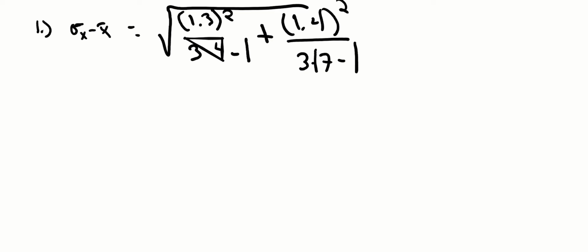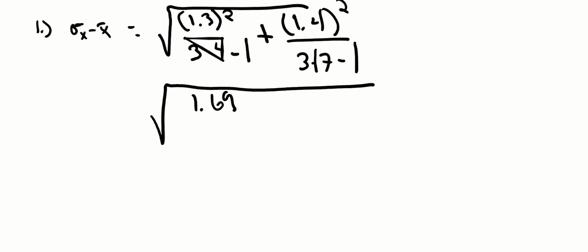We'll do everything inside the equation first. The square of 1.3 is 1.69, and 324 minus 1 is 323. The square of 1.4 is 1.96, over 316.